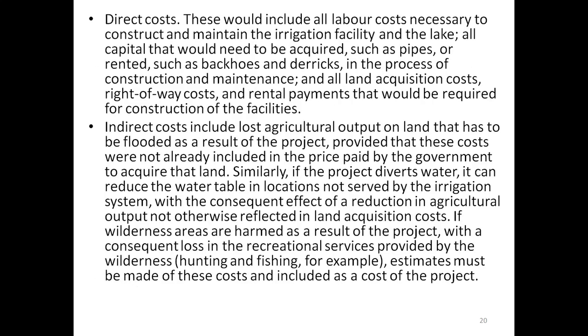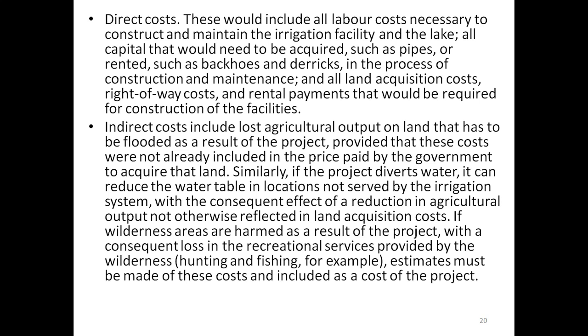Direct costs include all labor costs necessary to construct and maintain the irrigation facility and the lake, all capital that would need to be acquired, such as pipe, or rented, such as backhoes and dredgers, in the process of construction and maintenance, and all land acquisition costs, rights of way costs, and rental payments required for construction of the facility.